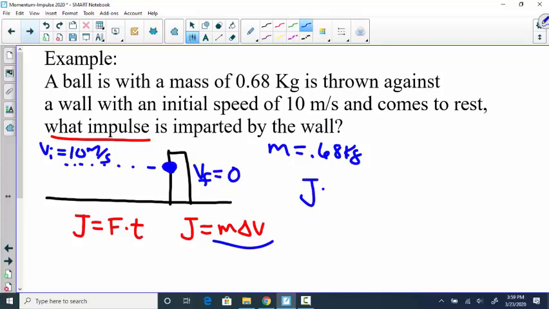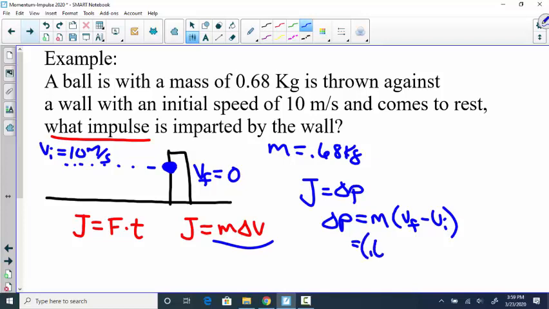So the impulse is equal to the change in momentum. I'm going to write it like this. The impulse is equal to the change in momentum. The change in momentum is mass times V final minus V initial. And so the mass is 0.68 kilograms, and V final is 0.